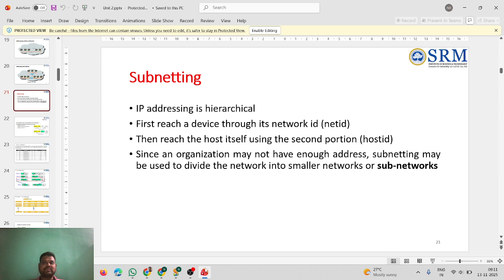Without subnetting, you would have to acquire four public IP addresses, one for each branch. With subnetting, you can divide this public IP address among all four branches. How? That is what we will discuss in this tutorial.